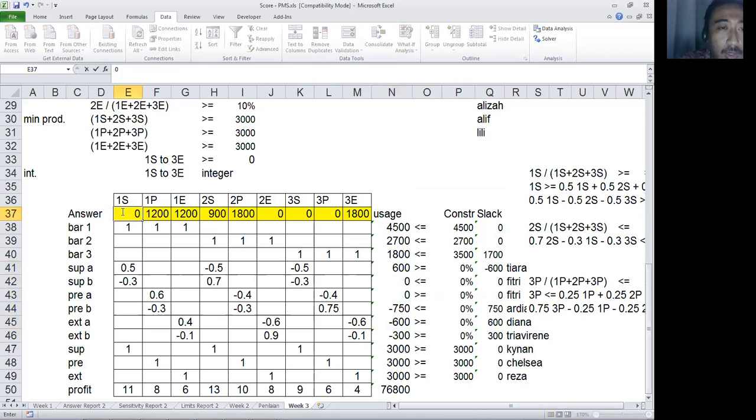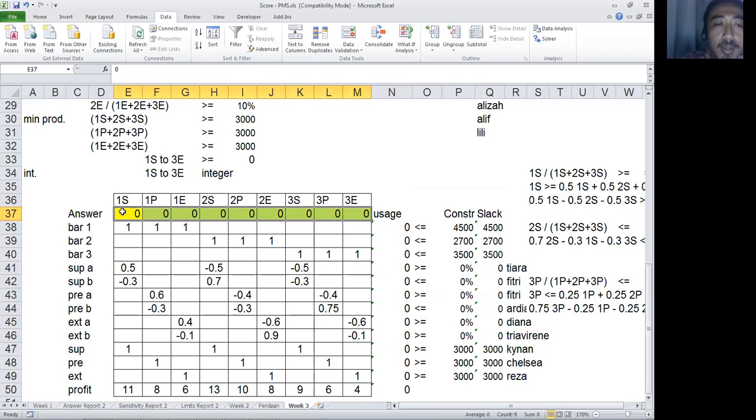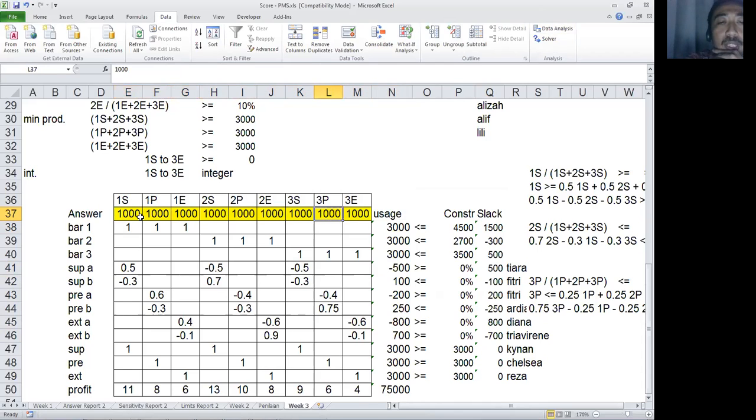Or maybe we try to resolve this one. Sometimes the solver needs this, because previously we started from 1,000, and the initial value can bring you a problem because one of the answers is 0. So it will be better if you start the answer from 0.